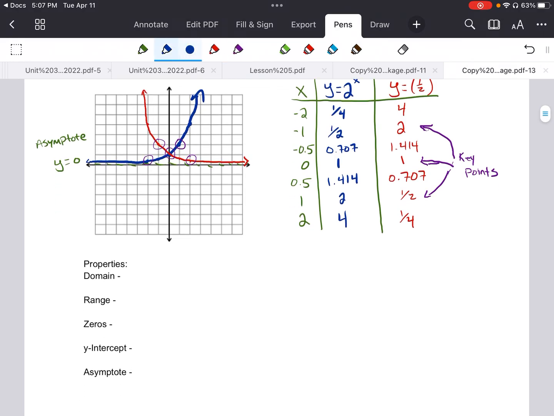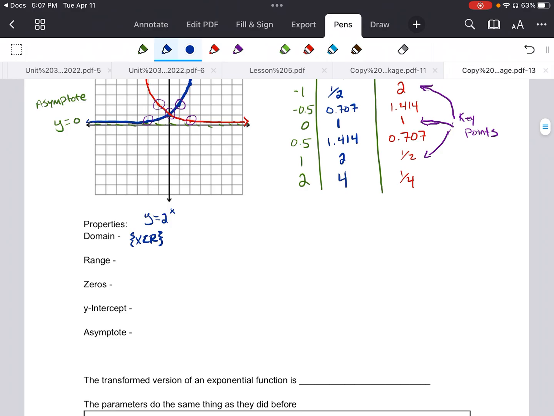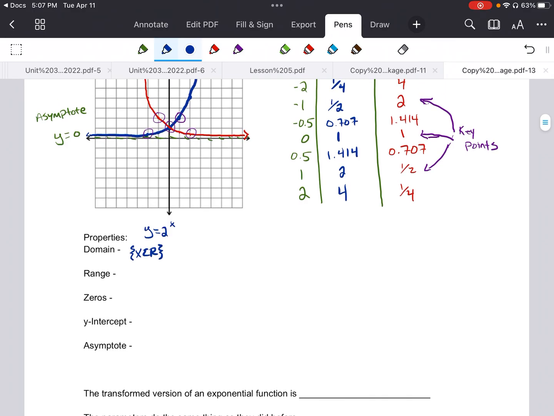Okay, the properties of these. So the first one, y equals 2 to the power x. The domain, pretty easy, just like with quadratics, x is an element of the reals. No matter what x value you put in here, we will get an answer. But the range, y is an element of the reals, has a limitation because it is always larger than 0.